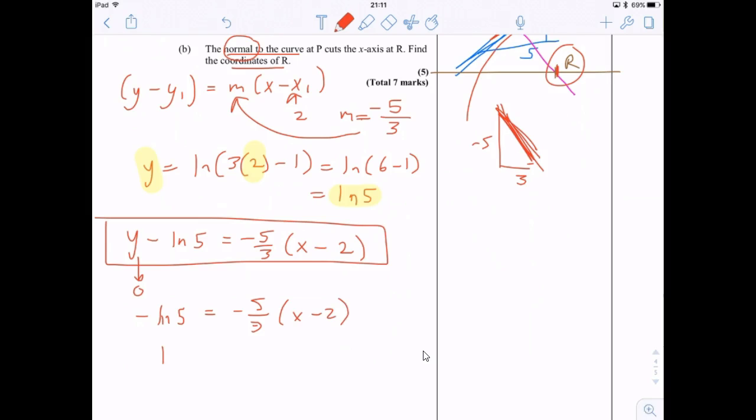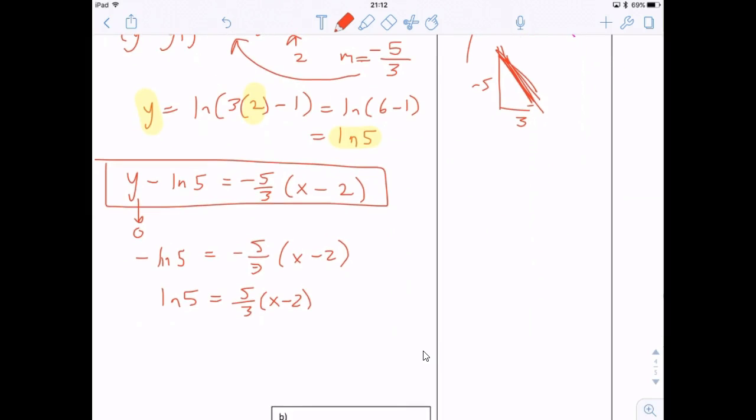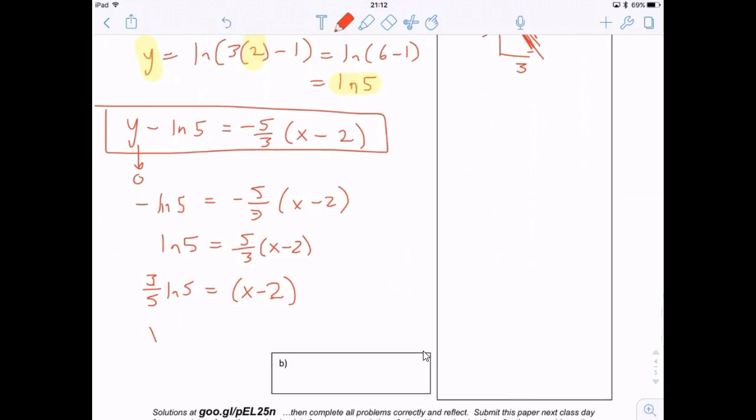Multiply both sides by negative 1, we get natural log of 5 equals 5/3 x minus 2. And then multiply both sides by 3/5, we get 3/5 natural log of 5 equals x minus 2. Add 2 to both sides, we get x equals 3/5 natural log of 5 plus 2.